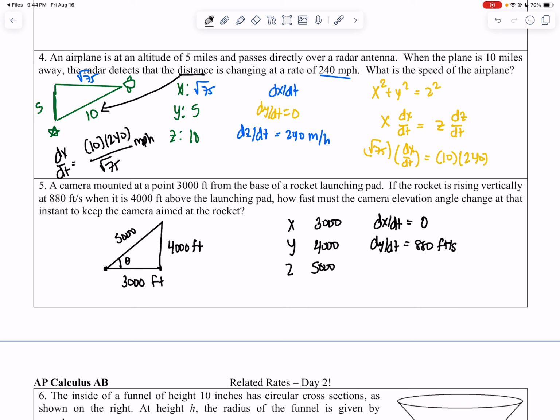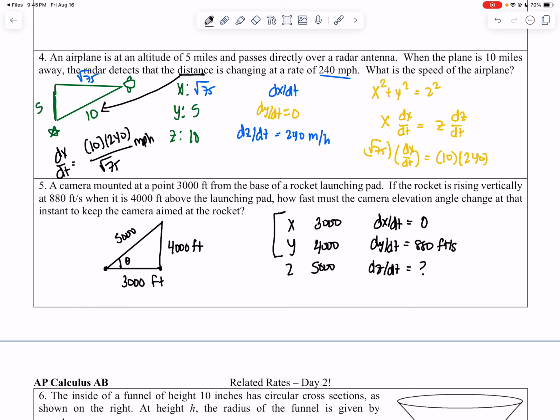Well, the thing is, I don't know what dz dt is, so whenever we are working with these types of problems, I'm not going to be using dz dt in terms of finding my equation. All right, so I need to figure out what my equation is based off of x and based off of y.